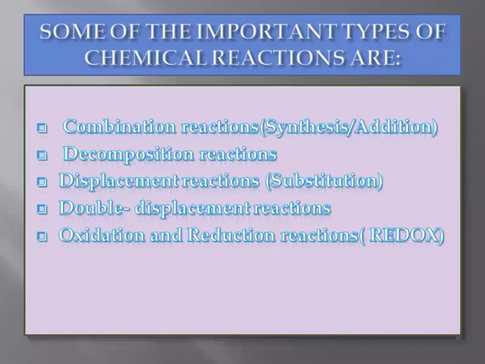These are combination reactions, also known as synthesis or addition reactions, decomposition reactions, which are the reverse of combination reactions, displacement reactions, also known as substitution or replacement reactions, double displacement reactions, also known as double replacement reactions, and finally, oxidation reduction reactions, also known as redox reactions.